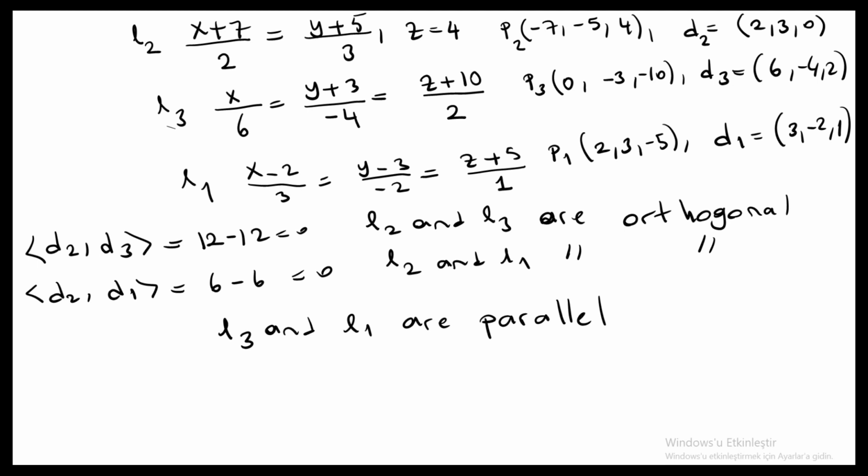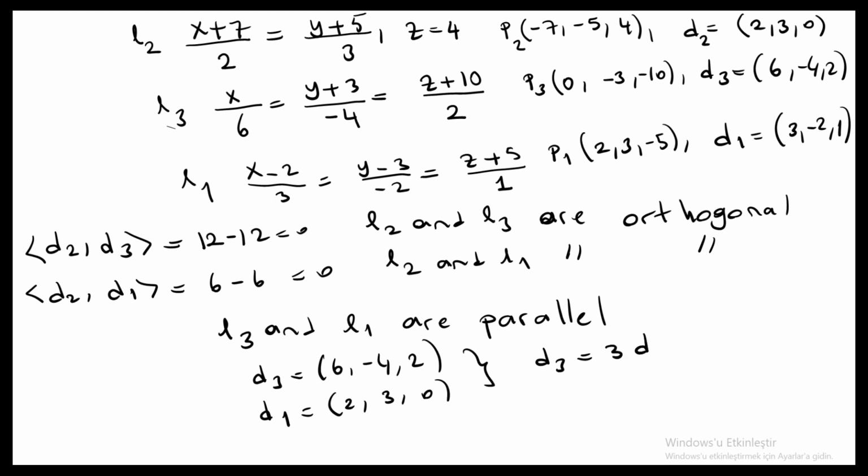Actually you can see this, because if you compare D3, 6, negative 4, 2, and D1 is 2, 3, 0. So you see D3 equals 3 times D1. So it means D3 parallel to D1. Oh no, this is not correct, right?